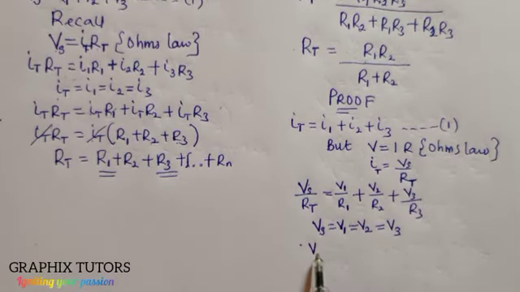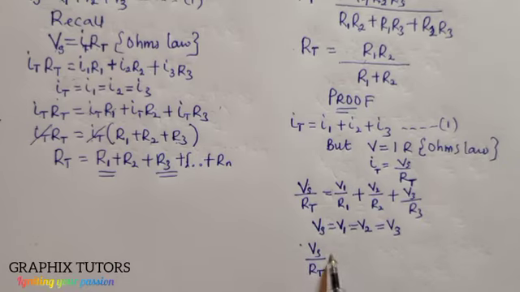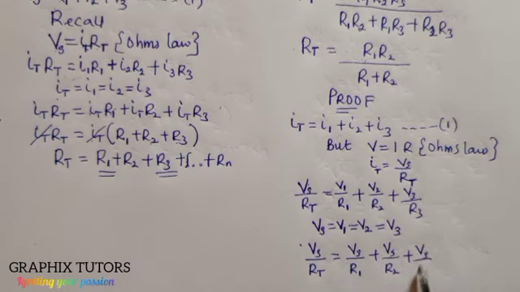So I can rewrite this by saying that the voltage supply over R total is equal to the voltage supply over R1 plus the voltage supply over R2 plus the voltage supply over R3.